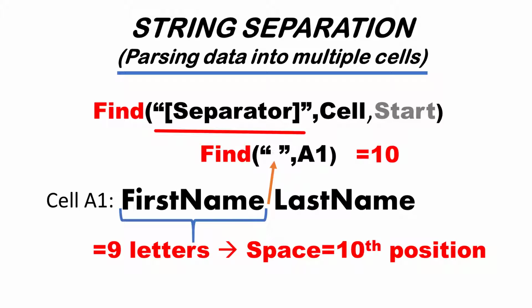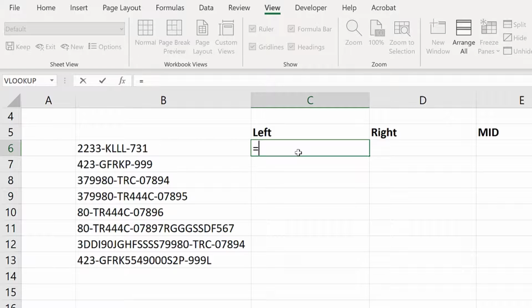In my examples, the separator is a dash, and then the source cell. The optional argument is for starting the search at any character other than the first position. We will see the optional argument applied in the right and the mid examples below.